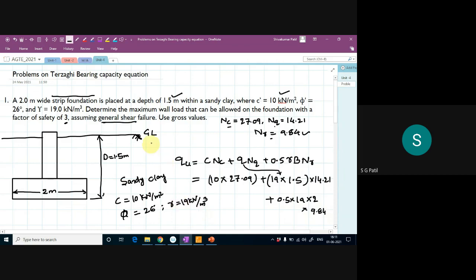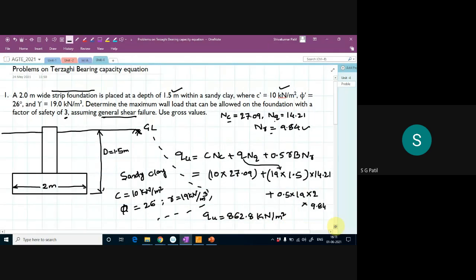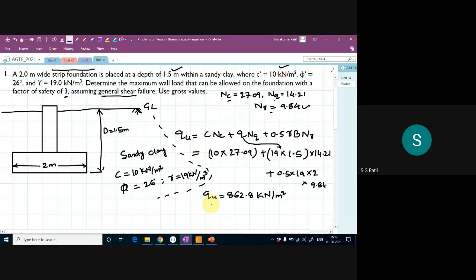Tell me, how much? 862.8. So q ultimate is equal to 862.8 kilonewton per meter square. Very good. So this is the ultimate load. So what is the allowable load?